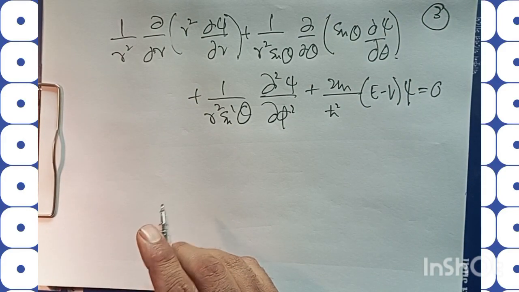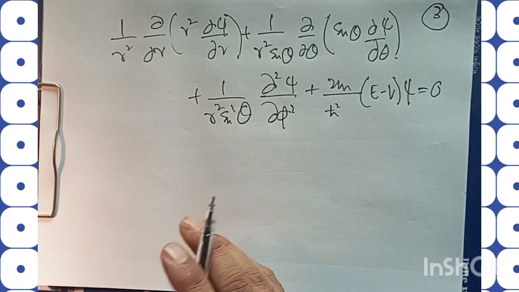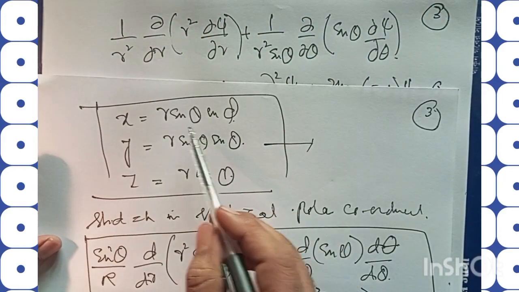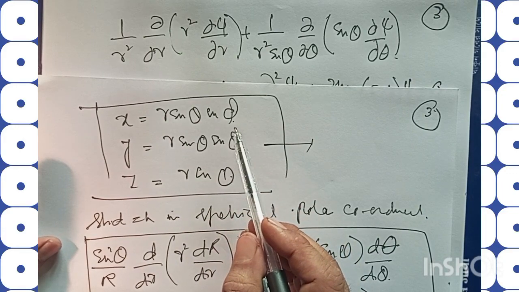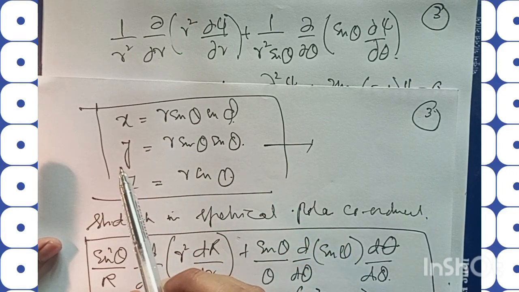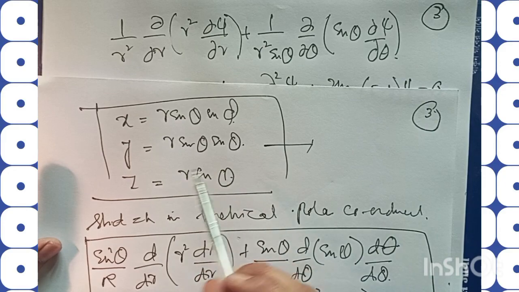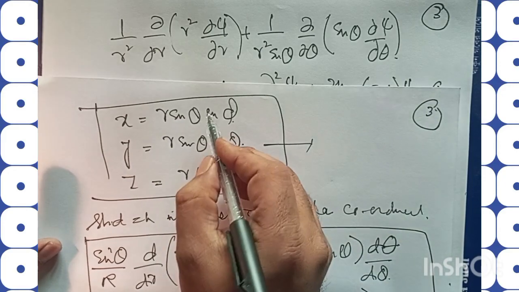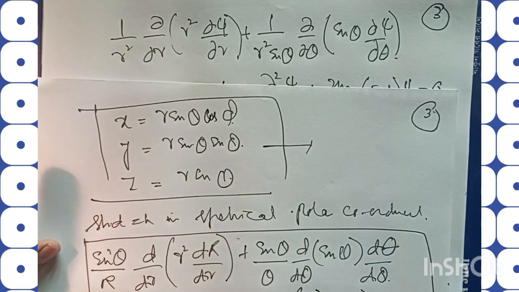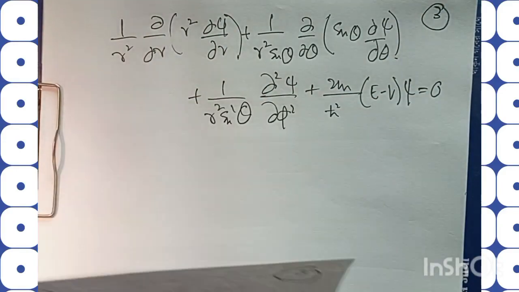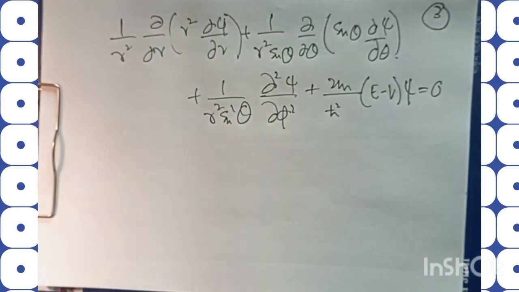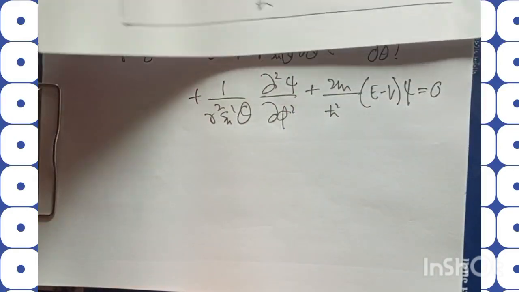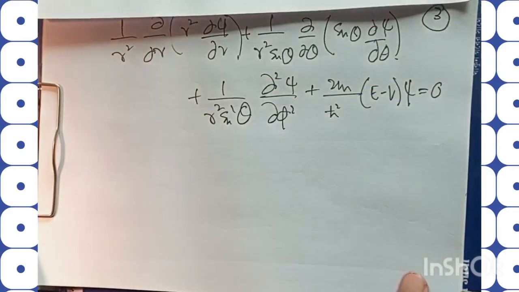in spherical polar coordinates, by making use of these transformation equations: x equal to r sin theta cos phi, y equal to r sin theta sin phi, and z equal to r cos theta. Many a times I have told you I have bad handwriting, but you have to bear with me.